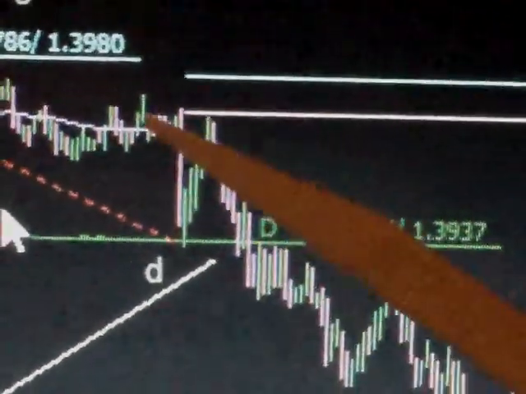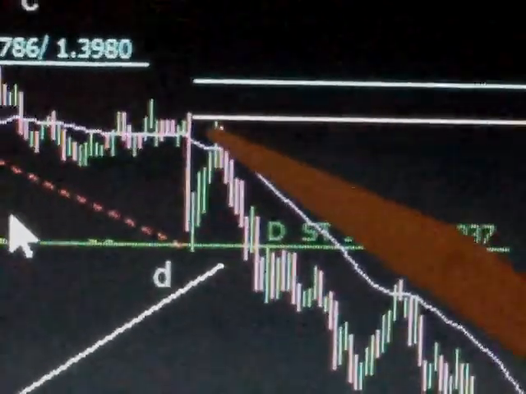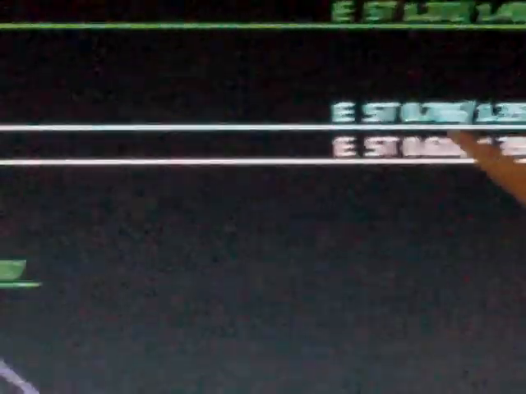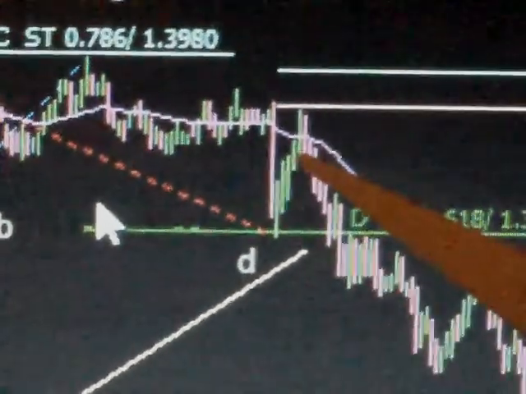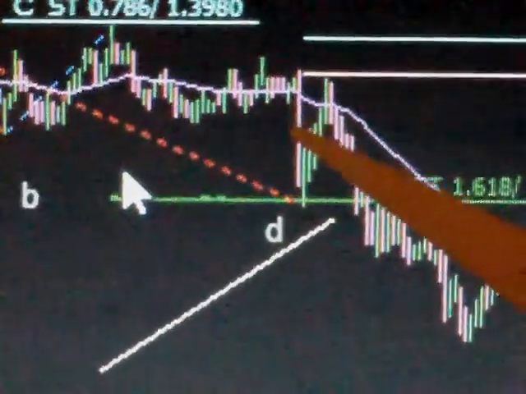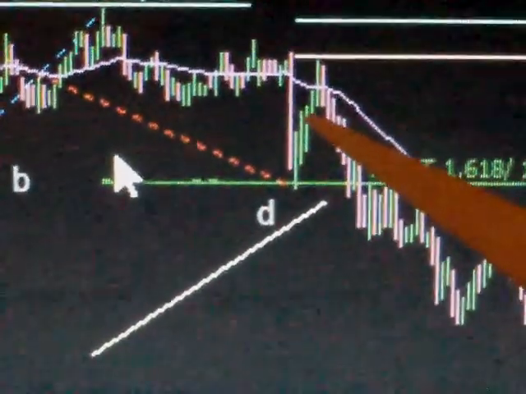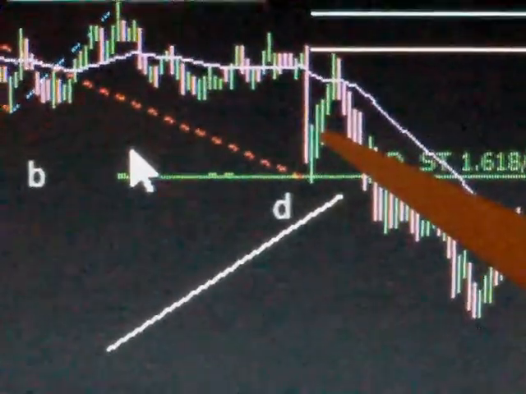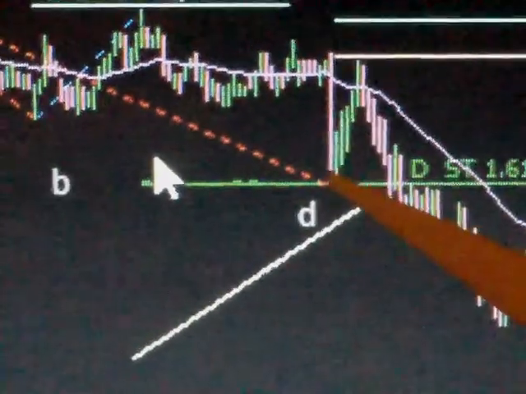But you see it reacted to this two-step support, bounces up, hits the 618, can't make it past the 618, and then the larger two-step kicked in and price dropped. So this is a case of a smaller time frame bullish two-step being overpowered by the larger time frame bearish two-step.